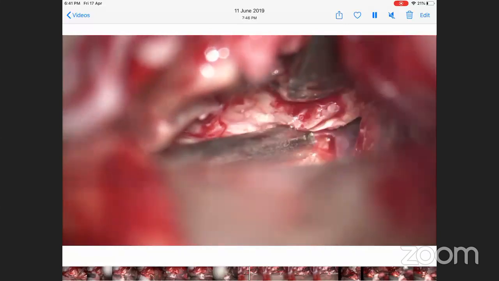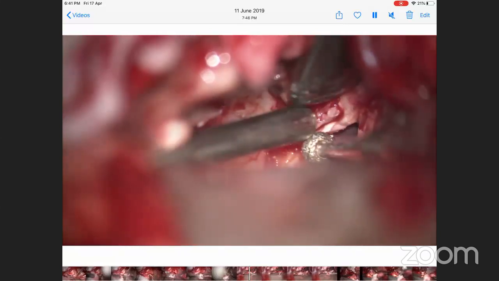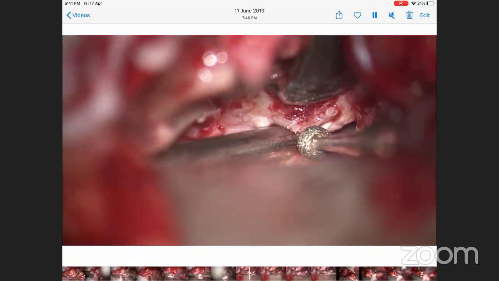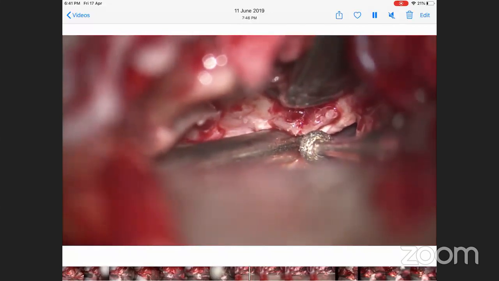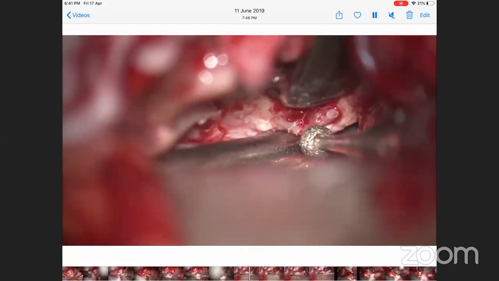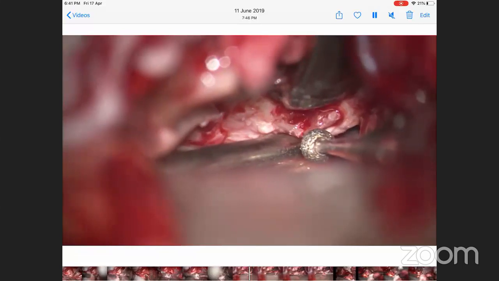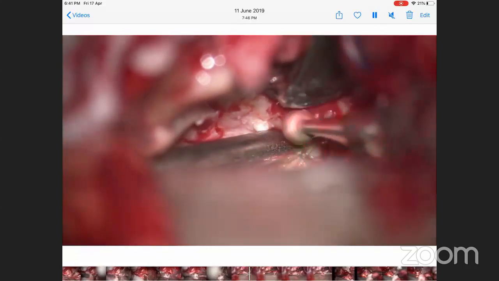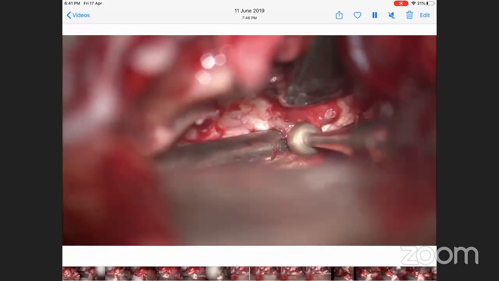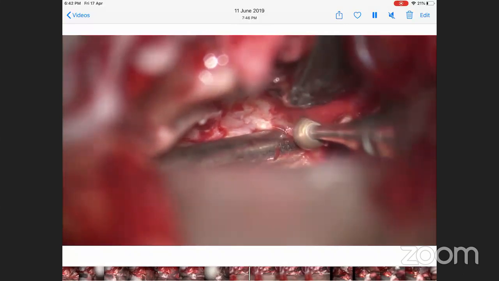If you want the hard part first, you can do the extradural clinoid drilling first, and then do the carotid and the aneurysm without any drilling. If you want the hard part in between, you can do some extradural drilling, and then drill like this over the aneurysm.